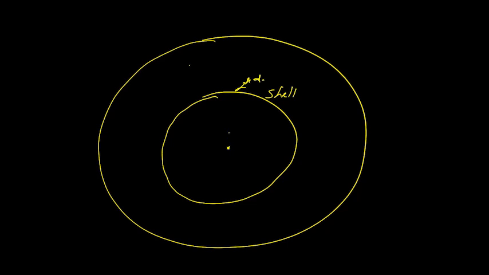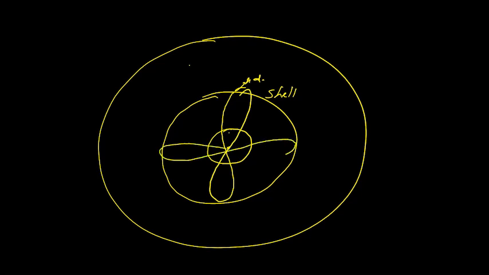This second shell will have S orbital. S orbital has shape spherical. It will have P subshell also. P subshell actually has 3 orbitals, is a set of 3 orbitals. Dumbbell shaped orbital. Sir, we don't have to draw diagrams in the paper, right? Basic diagrams can be there, basic diagrams only.